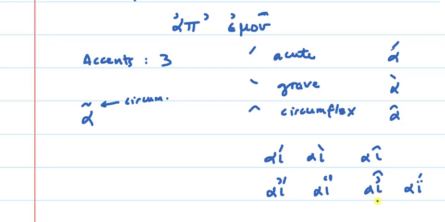Now, should you learn the accent marks? You should on your vocabulary words, to be sure, because sometimes the difference between two words' meanings is the difference in an accent mark. So it doesn't happen very often, but there are a few places where that is the case.